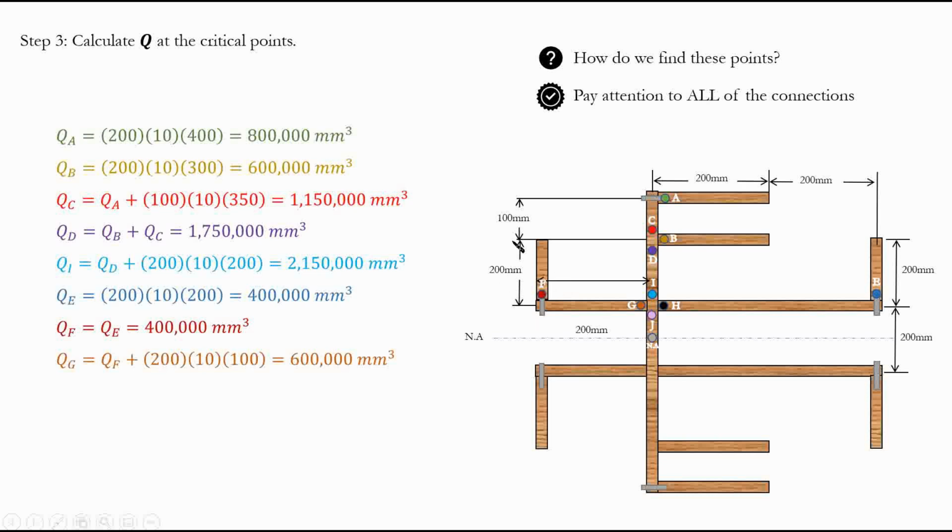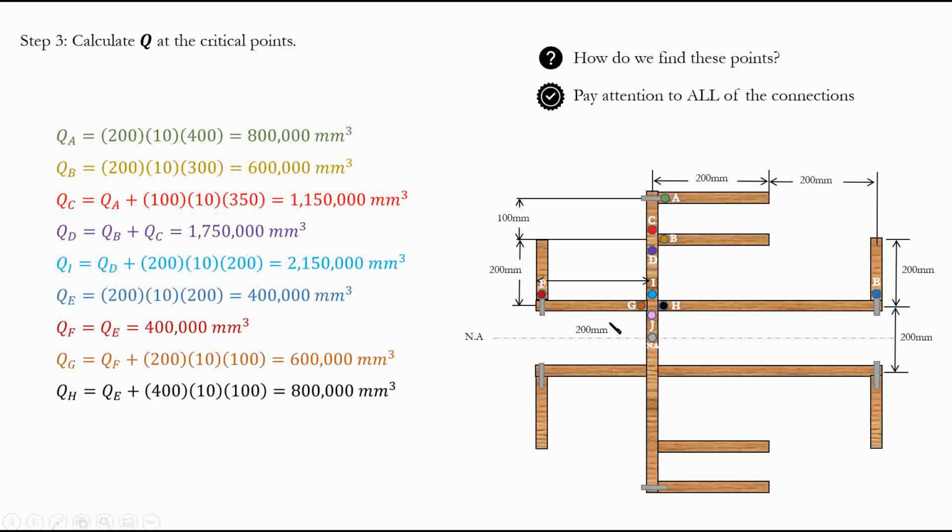It's the Q for this area and the Q for this area. But we already know QF. So we say QG is equal to QF plus the Q for this area. What is the Q for this area? The area, which is 200 times 10, multiplied by the distance. What is the distance? It's 100. So area multiplied by distance, and we end up with this value.